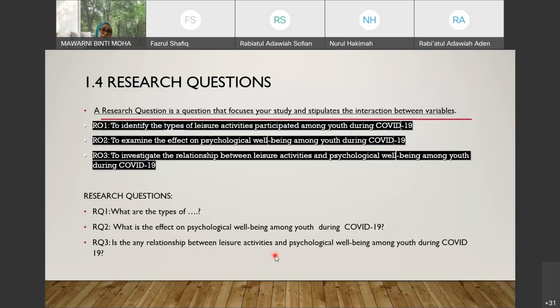Okay, for these examples, I'll just give an example. Let's say for leisure activities, you have the leisure activities inventory dimension, which has been proposed, done and implemented by researchers and verified as well. The types of activities may have different dimensions: active, passive, social activities. That is how the list and the items come up in the questionnaire.